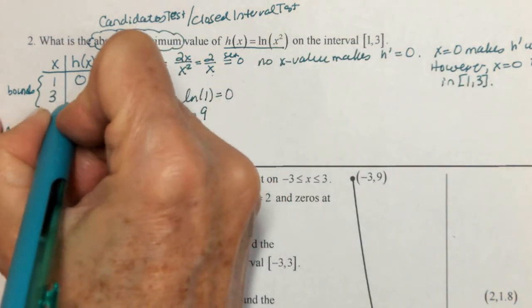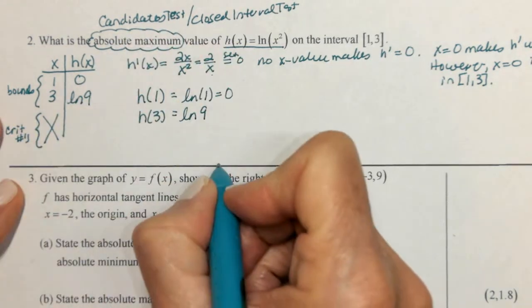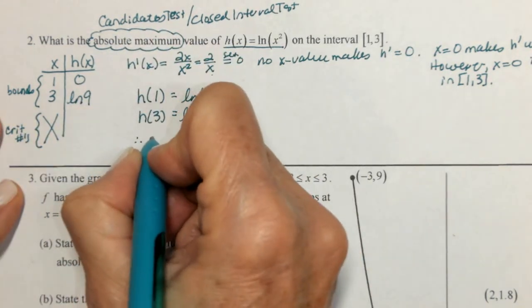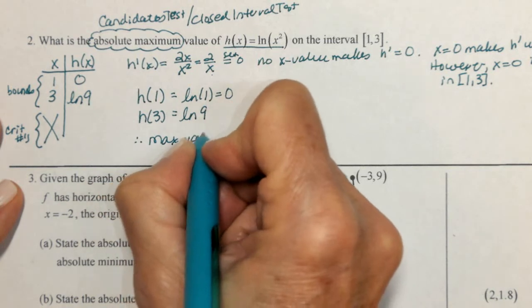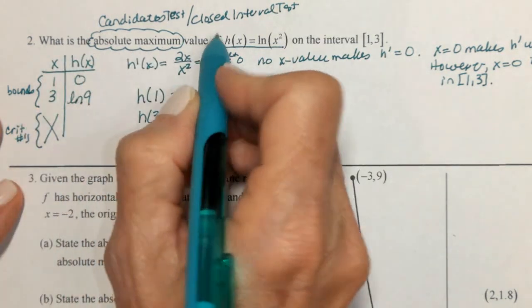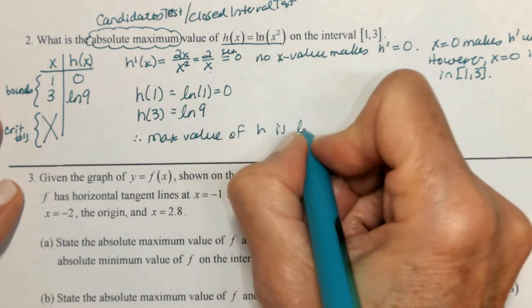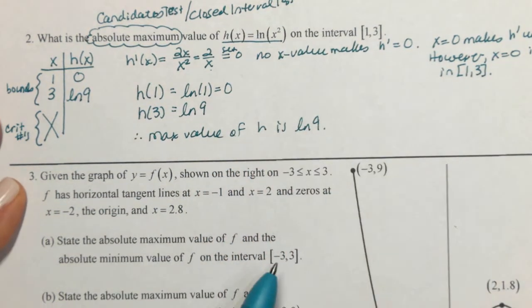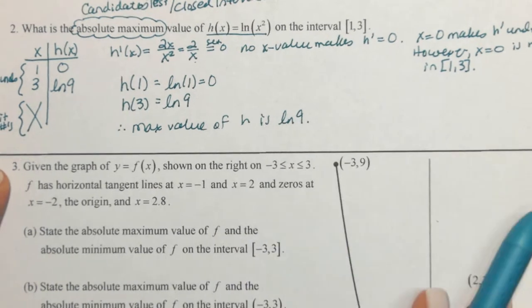So I have 0 and ln of 9. So the maximum value of h, which is what they were asking me to find, is ln of 9. My justification is my work that I wrote.